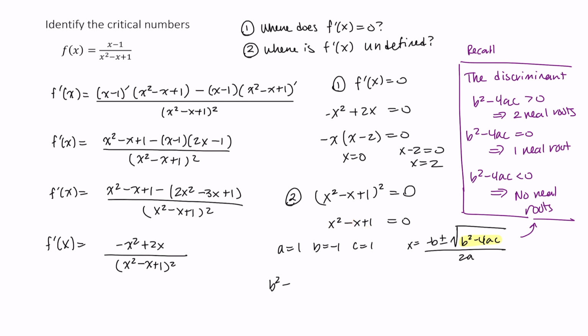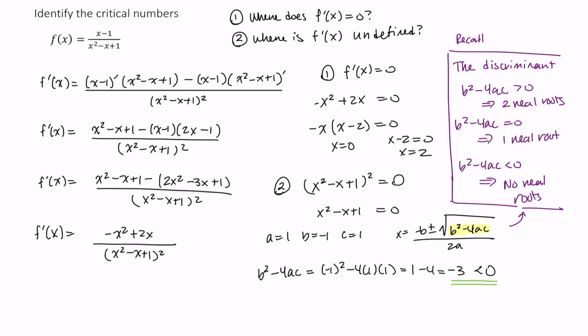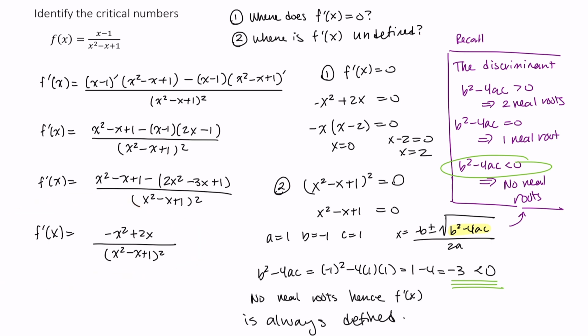That tells me that b squared minus 4ac is equal to -1 squared minus 4 times 1 times 1. So that's 1 minus 4, which is -3. So -3 is less than 0. We are in this case, which means we have no real roots. That tells me that this function, our derivative here, is always defined. So this provides us with no additional critical numbers.